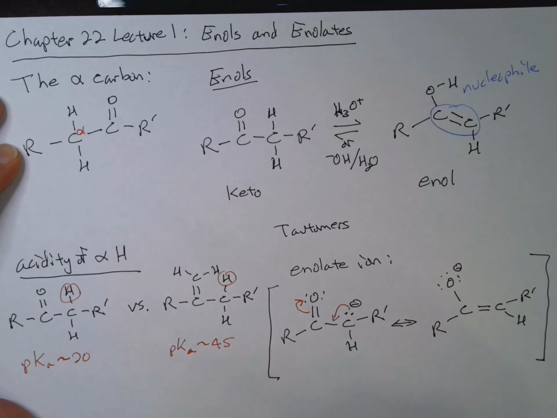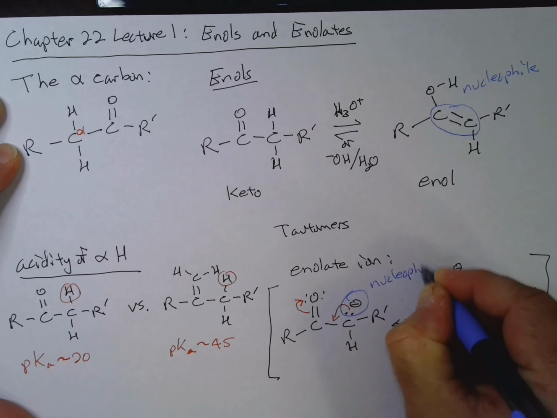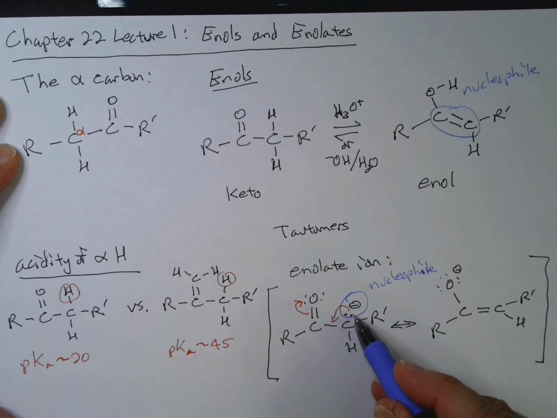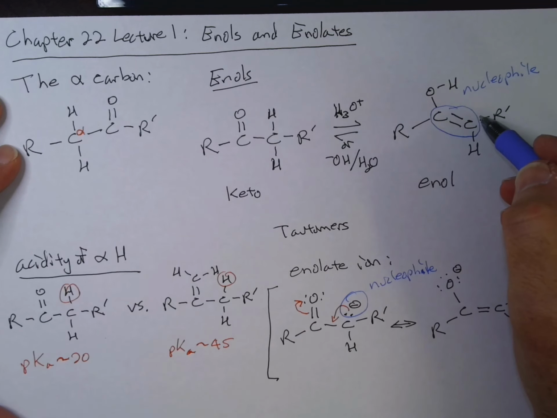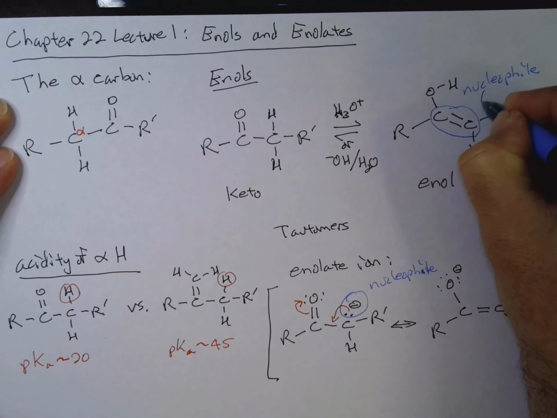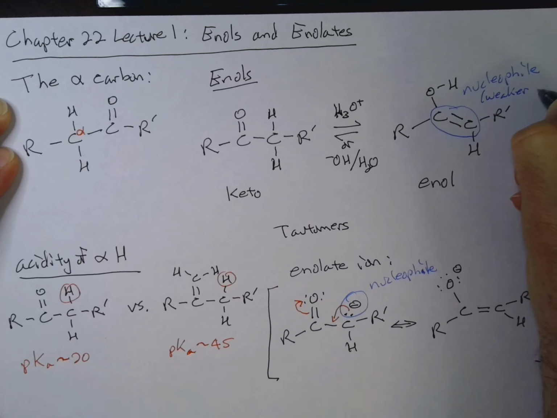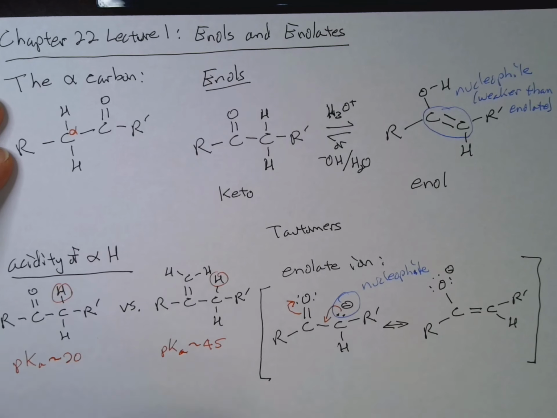And in this case, once again, we have a nucleophile here. And that full negative charge on that carbon, even though it is delocalized, gives us more electron density than we do in the enol. So the enol is a nucleophile, but it's weaker than the enolate.